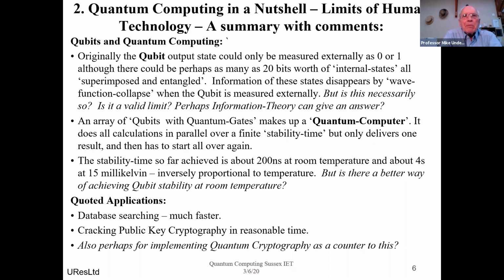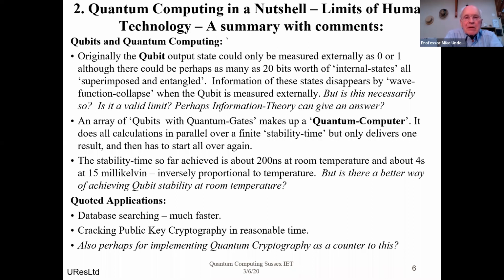Now, that problem is alleviated by going to very low temperatures. The stability time at room temperature is about 200 nanoseconds, which has been achieved, and it is about 4 seconds at 15 millikelvin. That's very, very cold indeed.